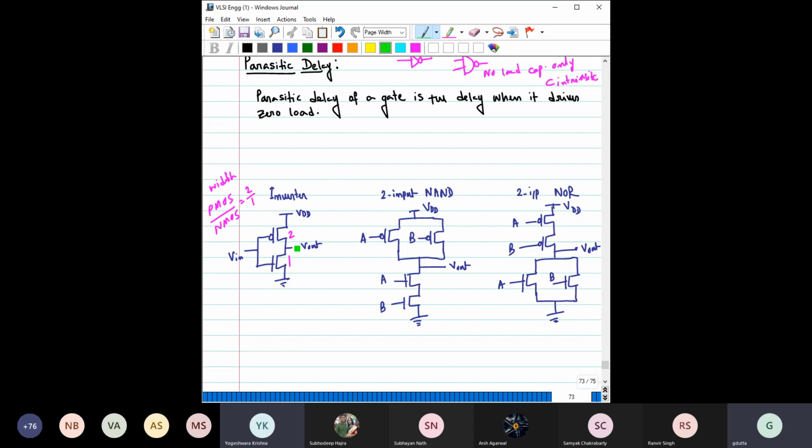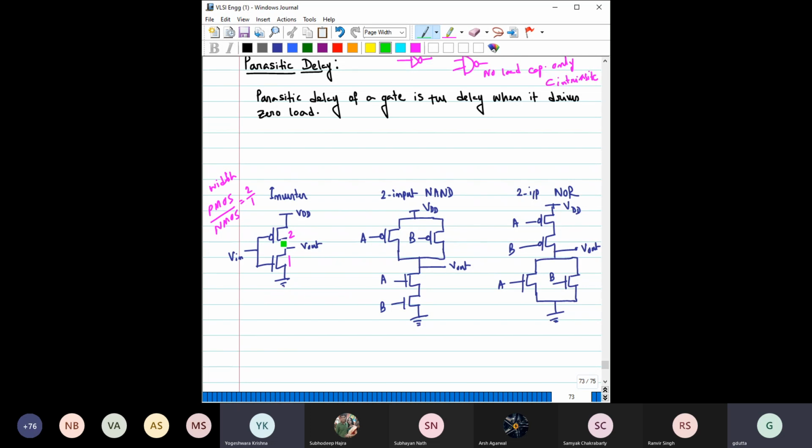What do you mean by parasitic capacitance? Parasitic capacitance is what is connected at the output, right? We have done an extensive study on parasitic capacitance, but here, for hand calculation, we will only consider the diffusion capacitance.